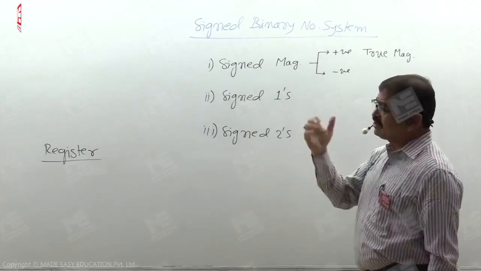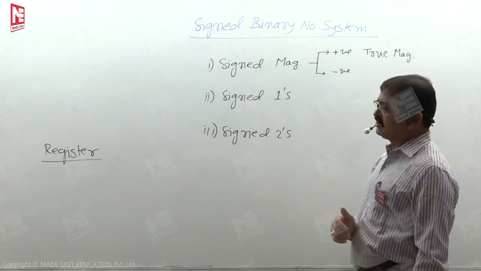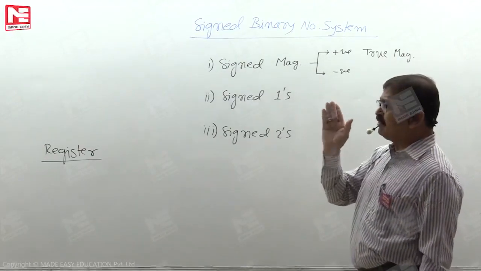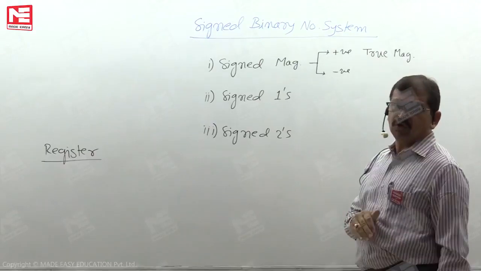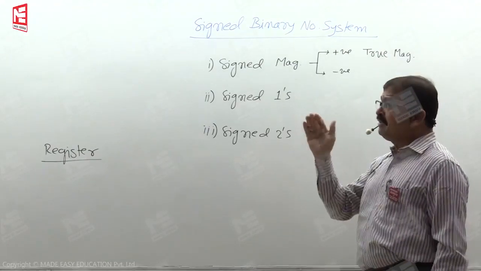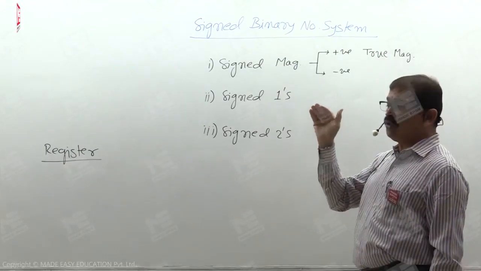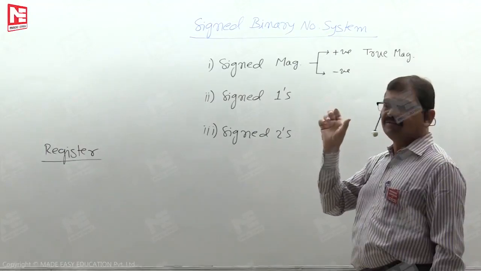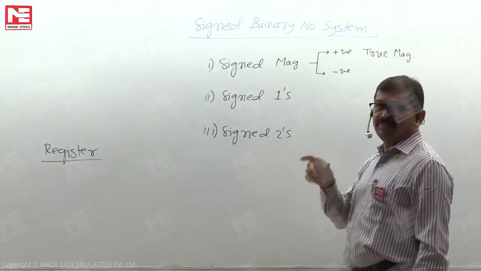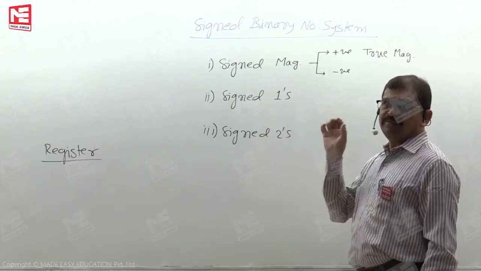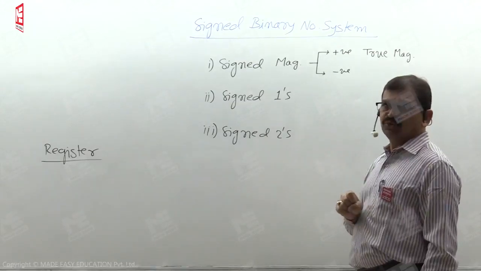We took an example where the register is of size n bits. After reserving the MSB, that is R(n-1), as the sign bit, the remaining bits R(n-2) to R0 directly give the magnitude value, whether the number is positive or negative.